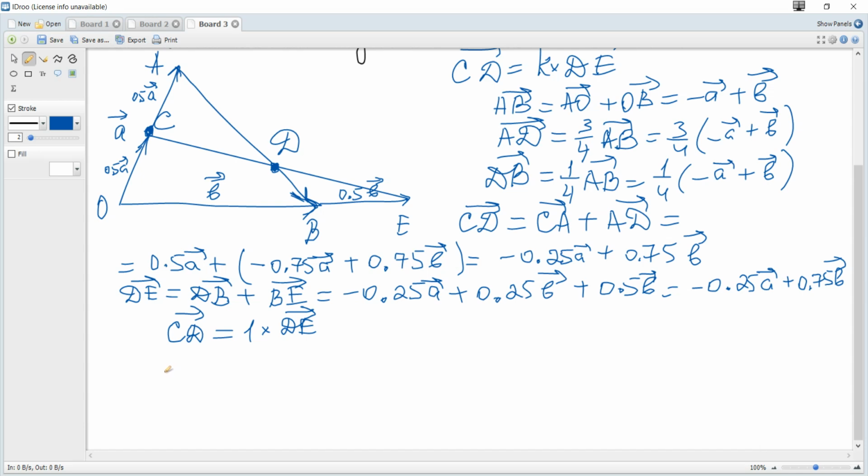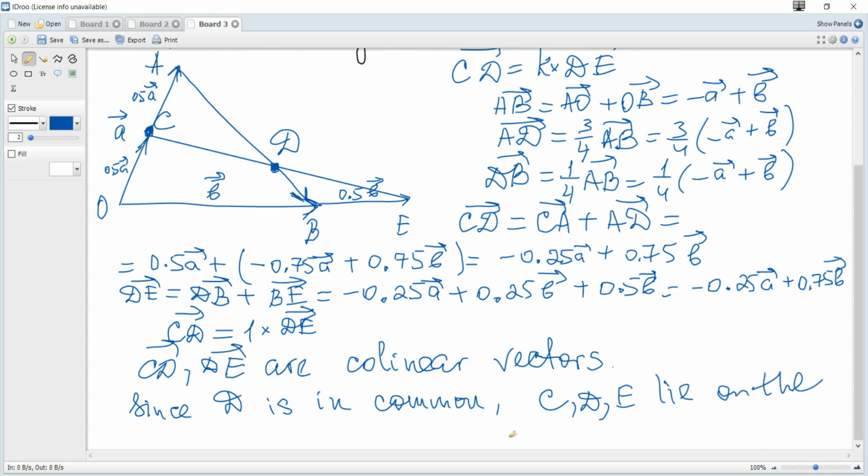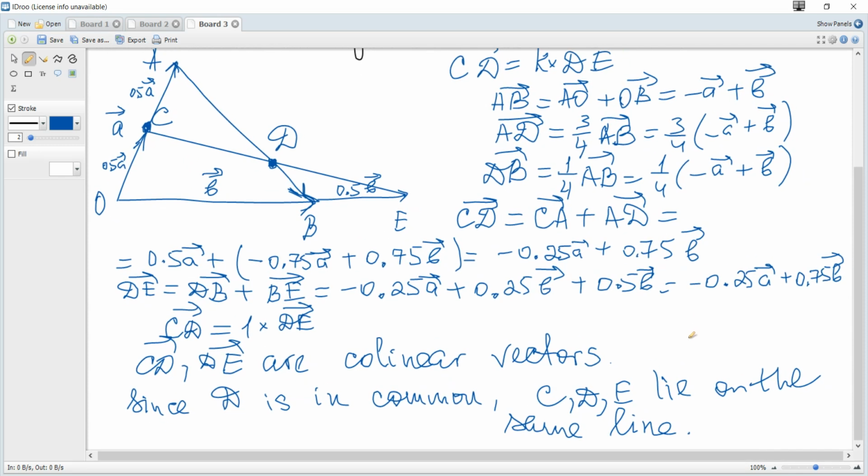So we can conclude that CD and DE are collinear vectors. But it's not enough, because in general collinear vectors may be on parallel lines, but since D is in common, points C, D, E lie on the same line as required. And that's all for this question.